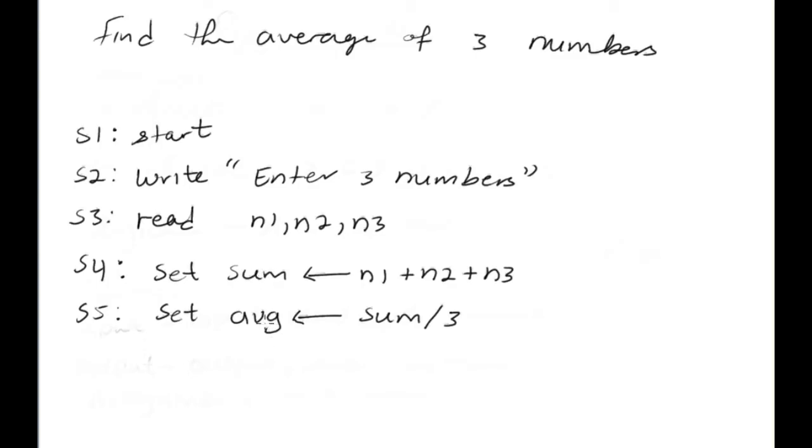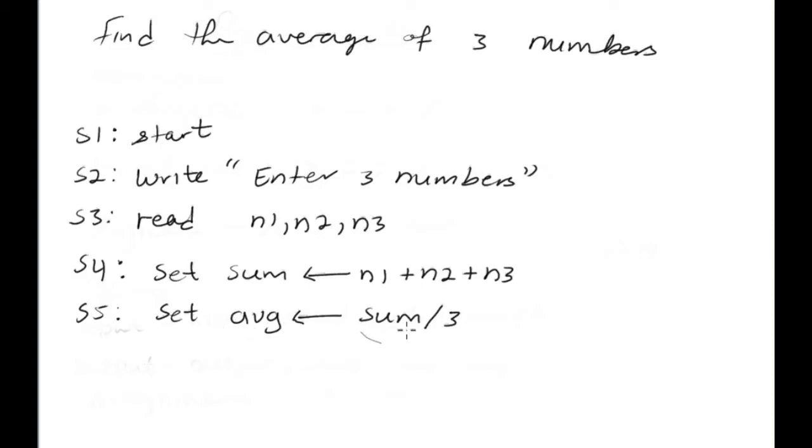Now what this line is saying in step 5 is to take the value obtained from step 4, divide it by 3, then take the answer I get from this side and put it in a new variable called AVG, which is short for average.